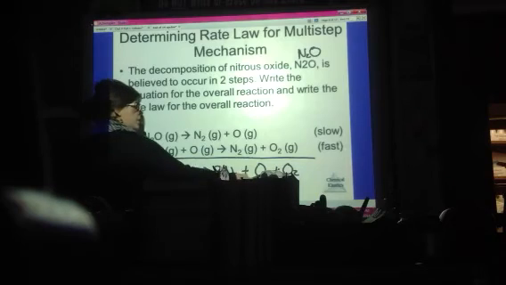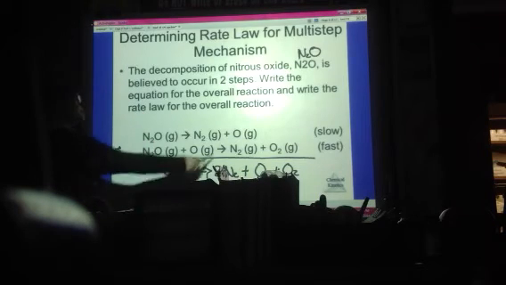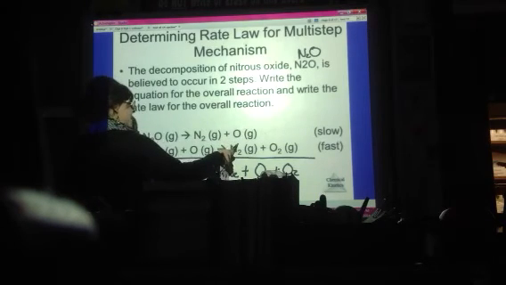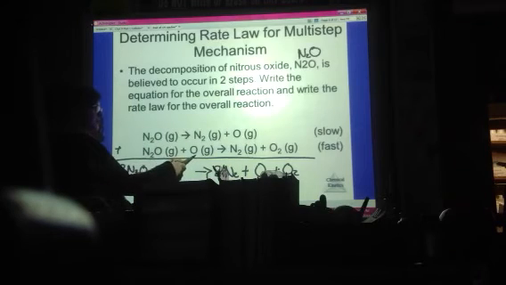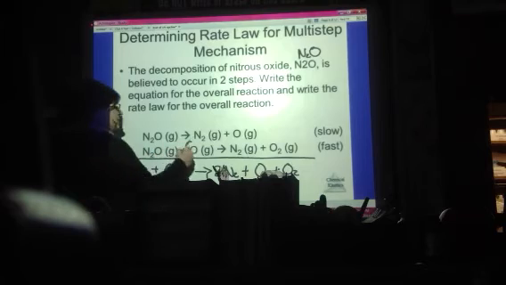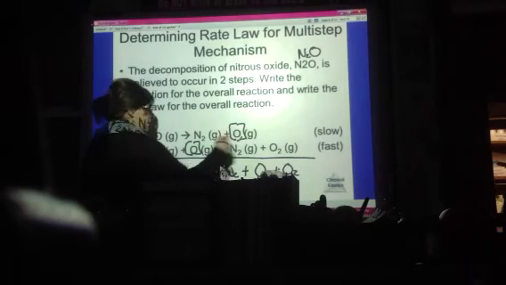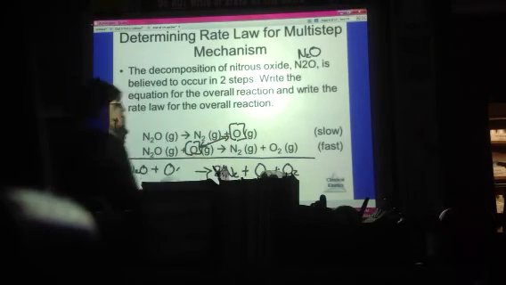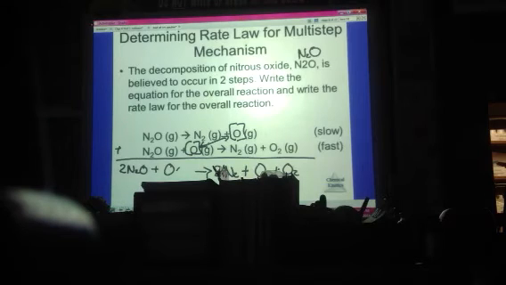Sorry guys. I have oxygen here and oxygen here, and I produced oxygen in this slow step, and I used this oxygen as a reactant in the fast step. So this tells me this is my intermediate. I know this is what's happening at that transition state, the activated complex that we heard about from the previous slides.